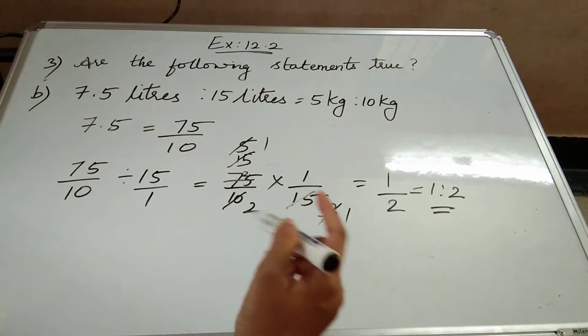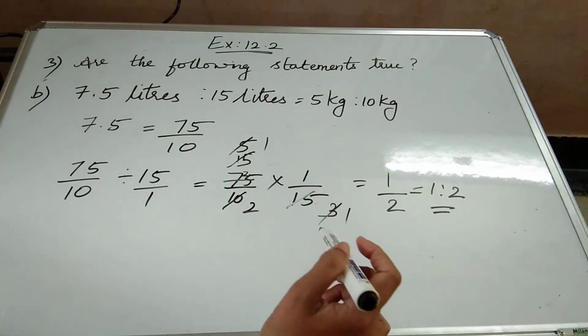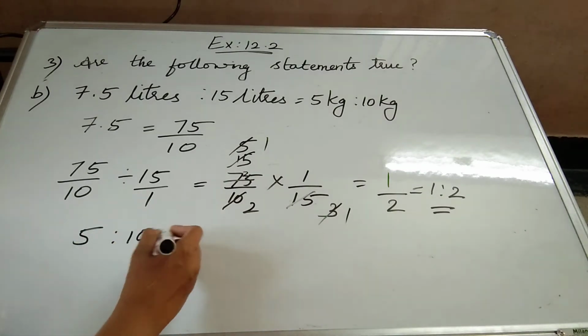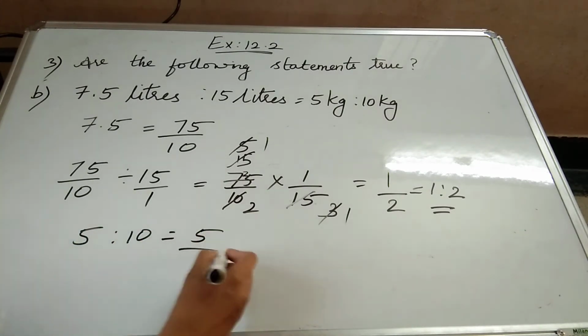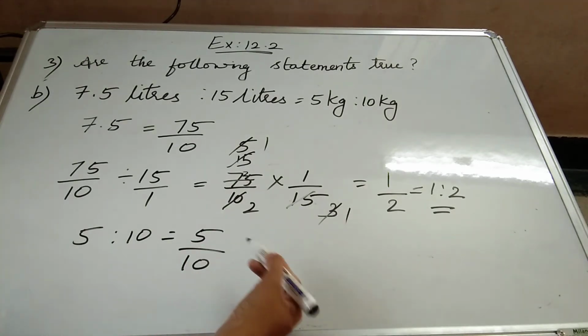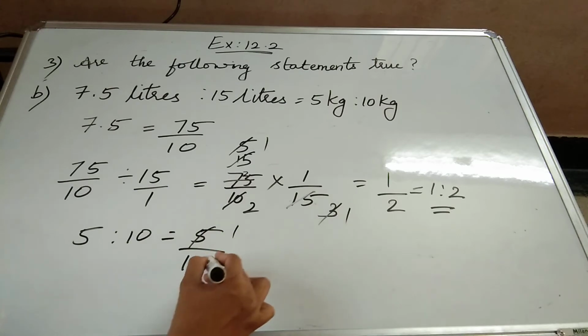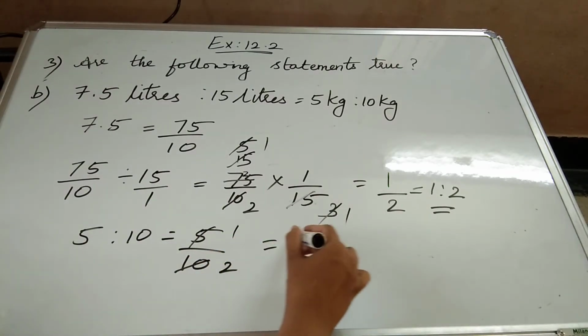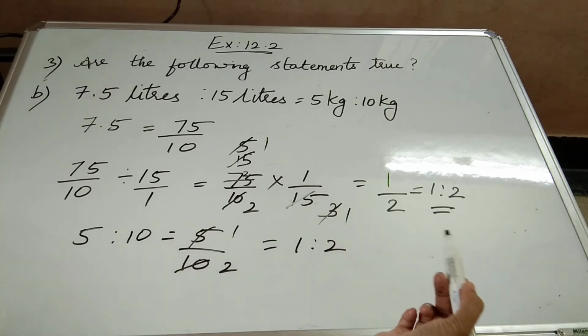Now next we have to find 5 kilogram and 10 kilogram. So 5 is to 10, write them as a fraction: 5 divided by 10. In the 5 table I can cancel them: 5 1s are 5, 5 2s are 10. Now 1 and 2, so the ratio is 1 is to 2.